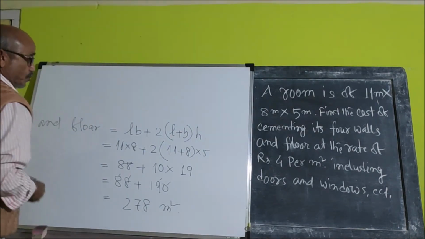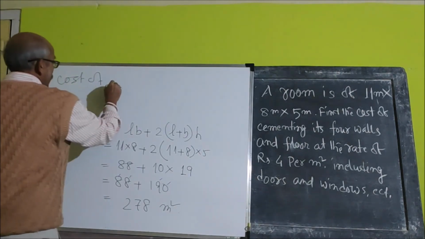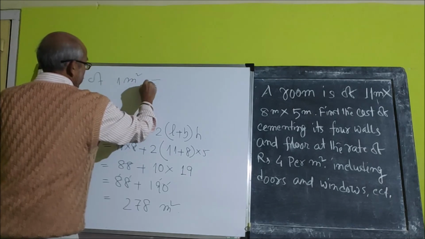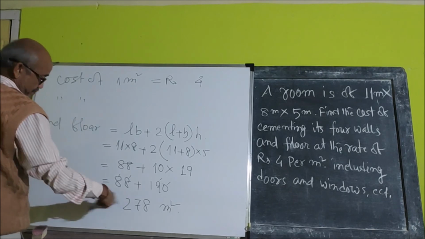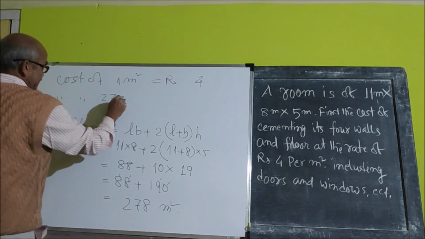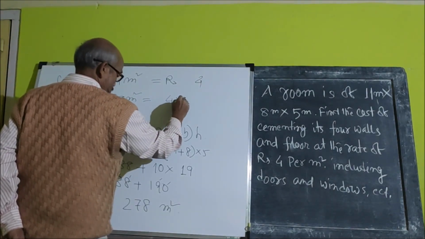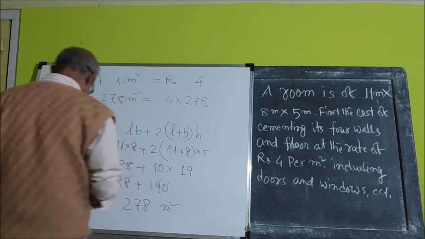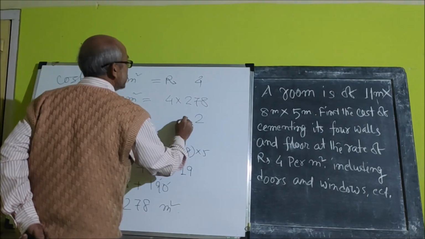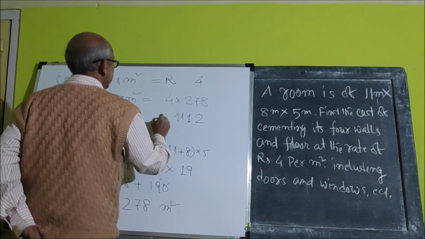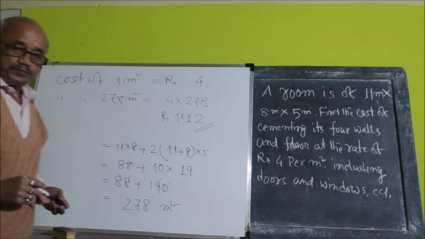So 1 square meter equals rupees 4. The cost of 278 square meter is the multiplication 4 into 278, which is 1112 rupees.